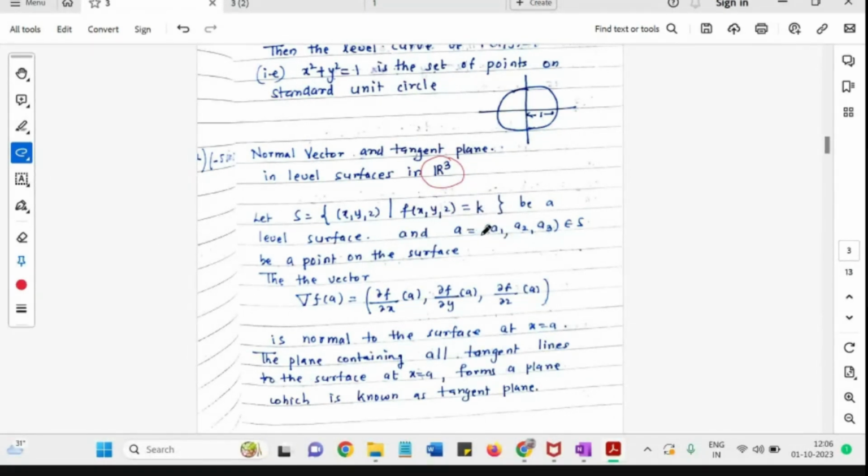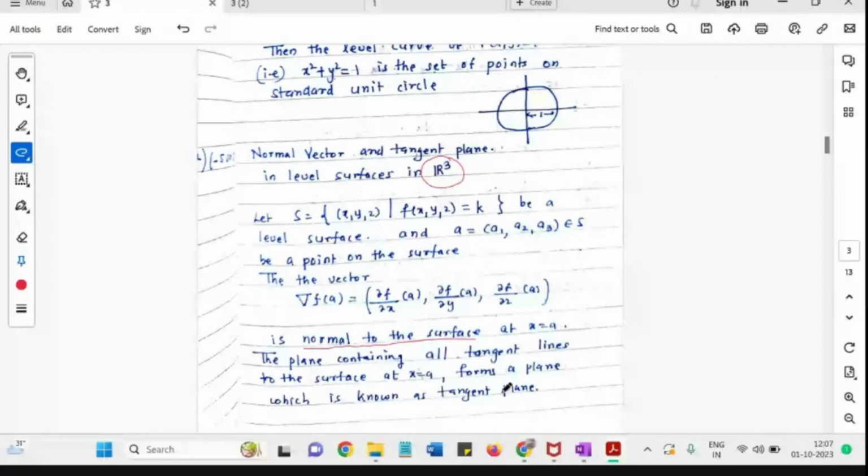And A is a point in S. So A equal to (A1, A2, A3) belongs to S. That means A is a point on this surface. Not the curve, I'm in 3 dimensions, so it's a point on a surface. Then the vector which is gradient of f at A is called the normal to the surface. And the plane containing all the tangent lines of the surface at x equal to A forms a plane which is called the tangent plane.